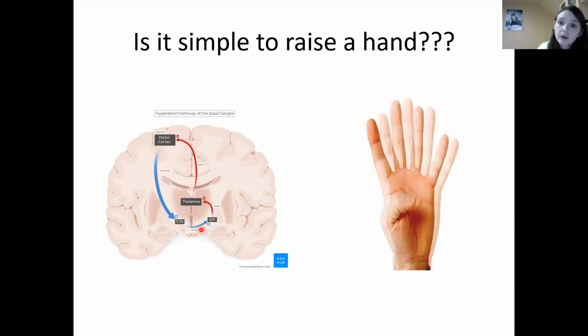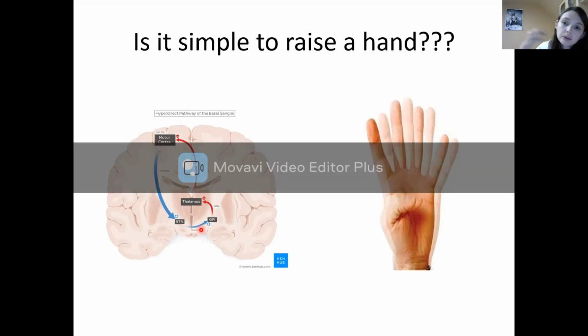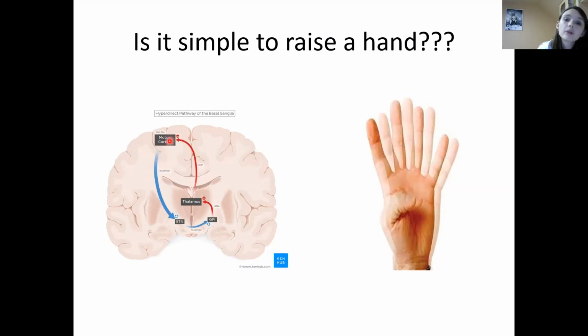The basal ganglia will process this movement, how it should happen, and the information goes back through the thalamus to the motor cortex, and only then the motor cortex will send information to your hand, and you're going to raise your hand.